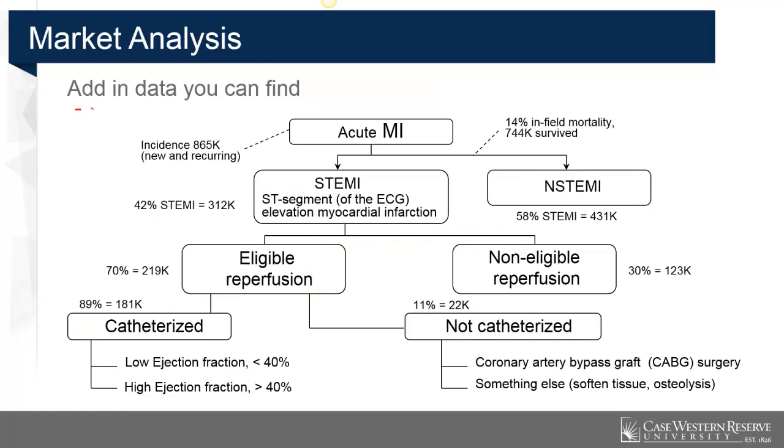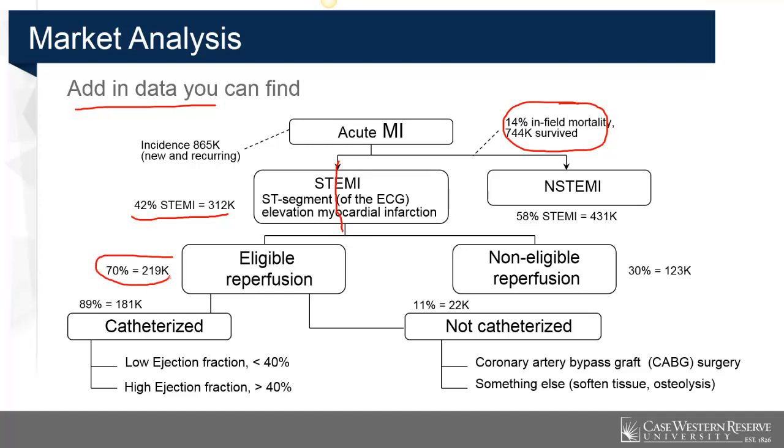That is to say, let's add in some data. Okay, so let's just say that in the United States, there are 865,000 new and recurring cases of MI. Out of that, we do some more studies, and we discover that in the field there's a mortality rate of 14%, so there's a survival rate of 744,000, and you can follow this picture and see that 42% match this elevated ST segment, which makes them go down this particular path, and they might or might not be eligible for reperfusion.